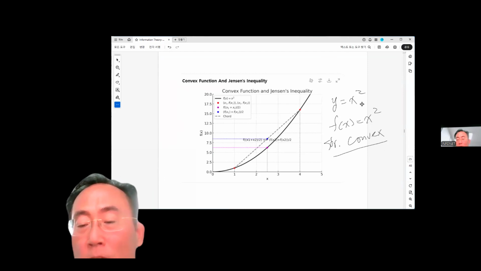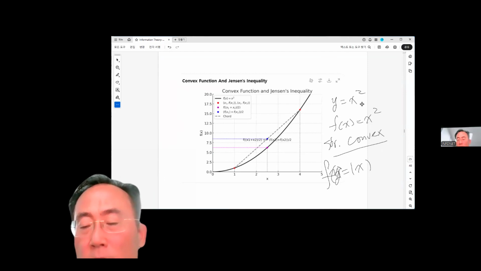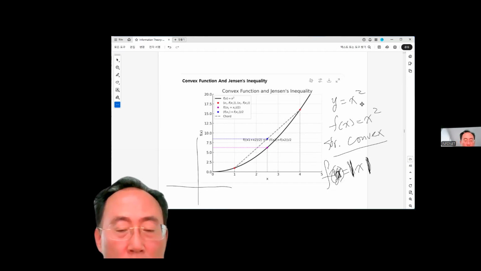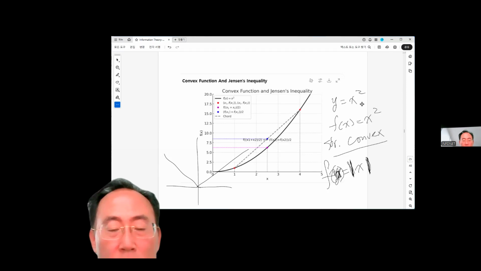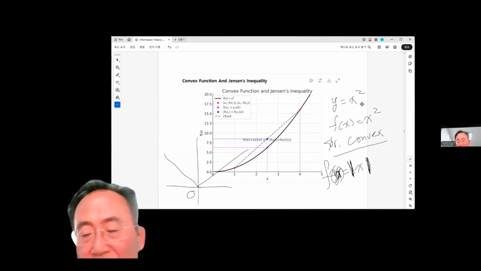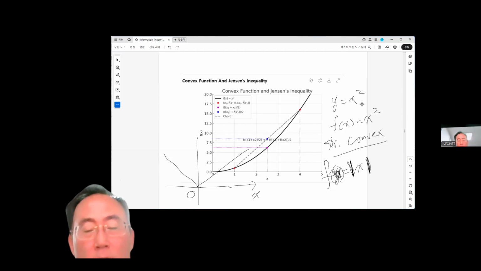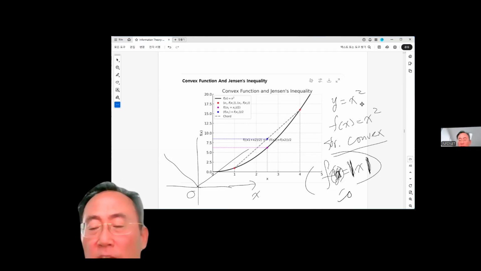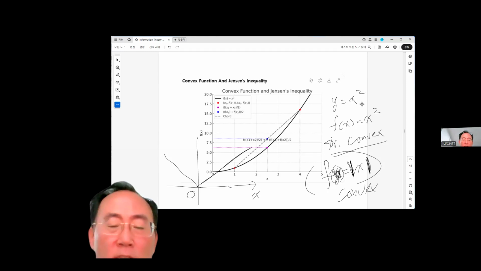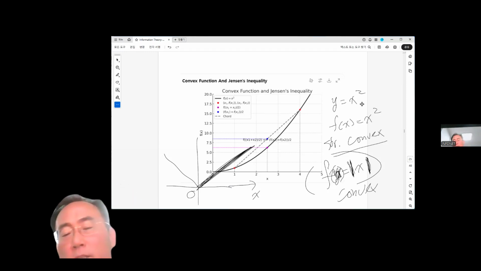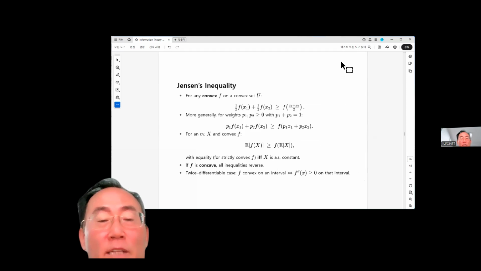And what about the convex case? Y is equal to x, or f of x is equal to absolute value of x. So goes something like that, right? Or x. So in this case, this is convex function. There's a linear part in it. All right, so that's that.